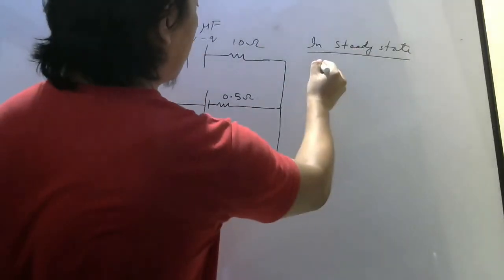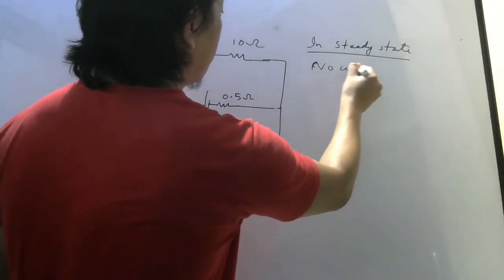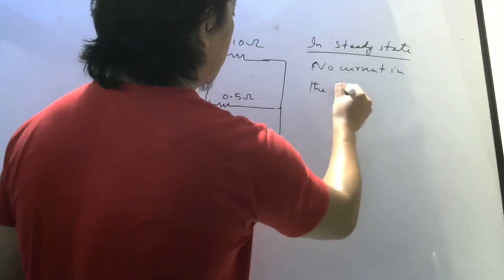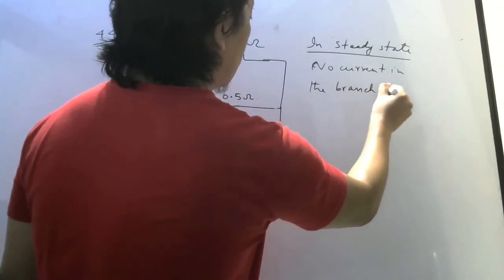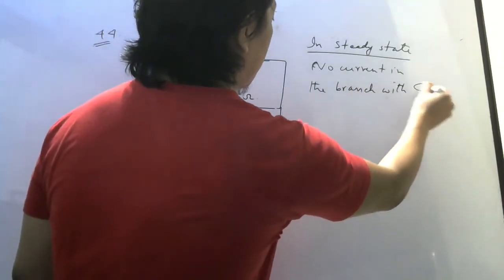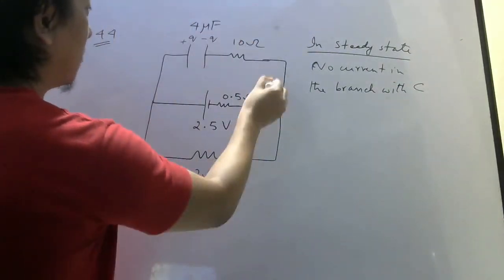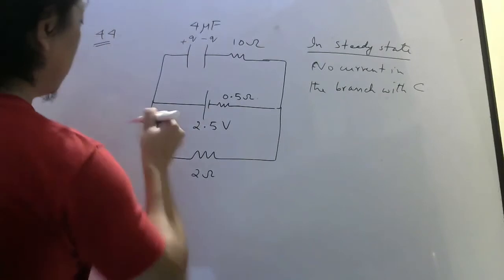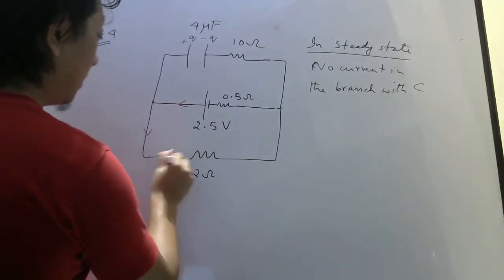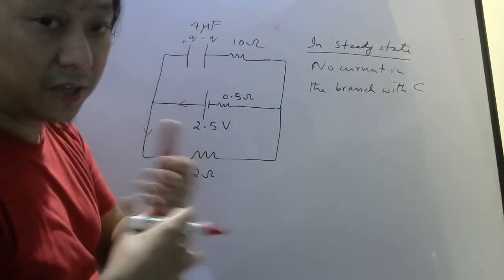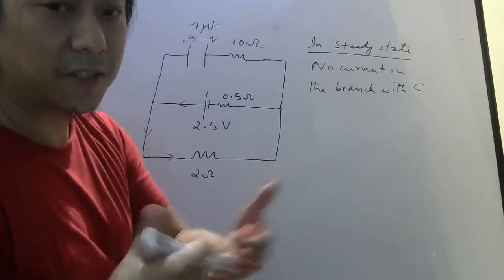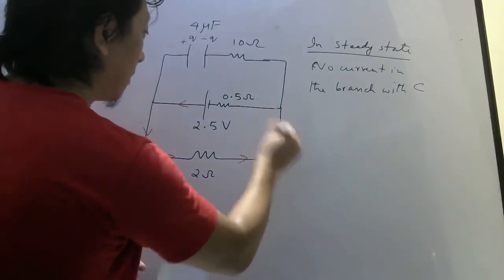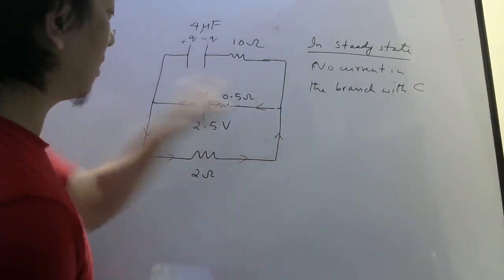So steady state means no current in the branch with capacitor. This branch cannot have current once it has been fully charged. That means current will flow only here in steady state, okay? Not the state when it is getting charged. That we will study in Monday class, this coming Monday. So current will flow like this only. So let us find the current.